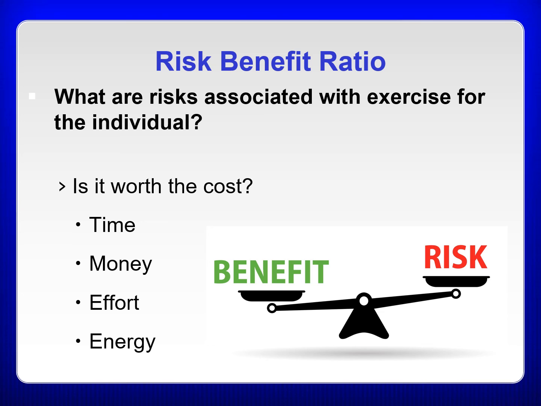So risks and benefits involve the risk for injury, the risk for the use of energy that they have. Do they have money? The cost of the exercise or the risk has to be less than the benefits that they get for that exercise.